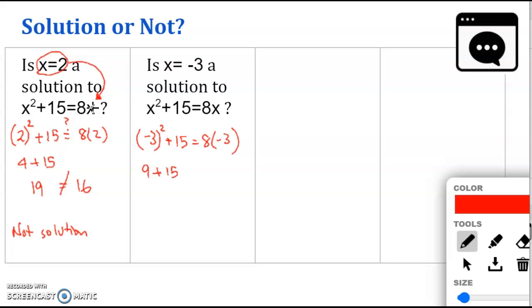And so 9 plus 15 is 24 is the left hand side. Is that equal to the right hand side? What is the right hand side? 8 times negative 3 is negative 24. Is positive 24 ever equal to negative 24? They're not. They look similar, but they're not the same. No. So it's not a solution.